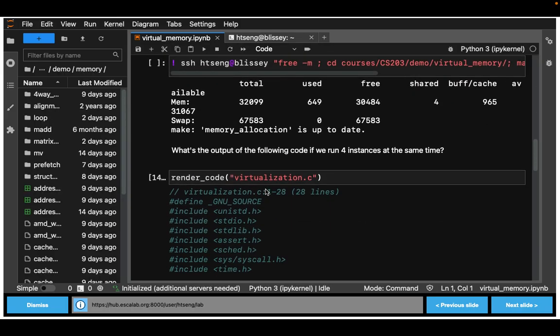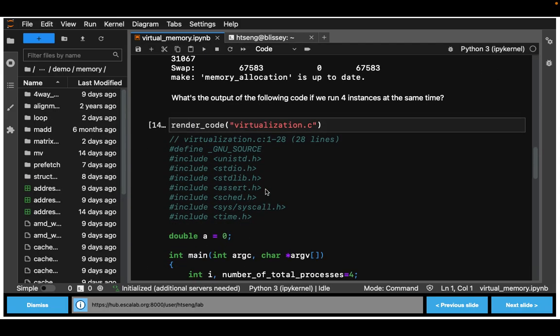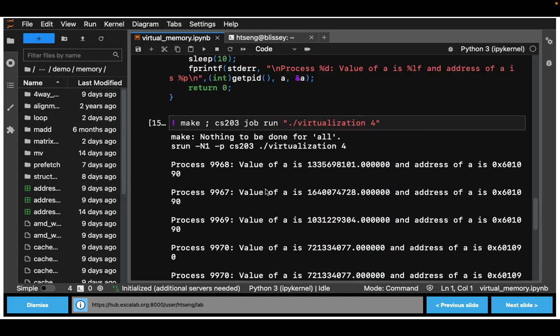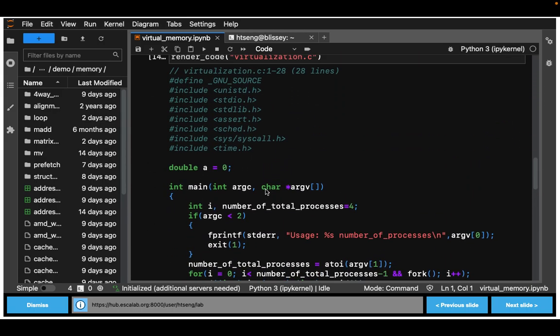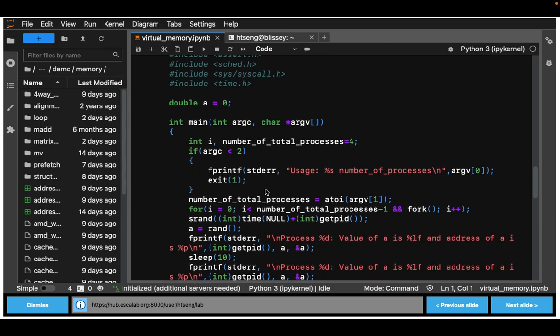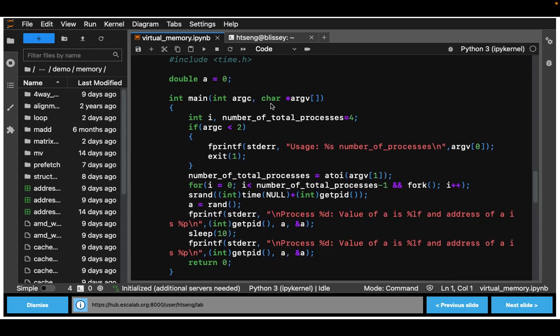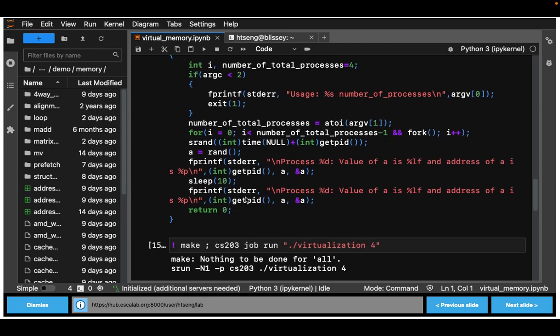This is the code we are going to run, and it's identical to the code that was given.